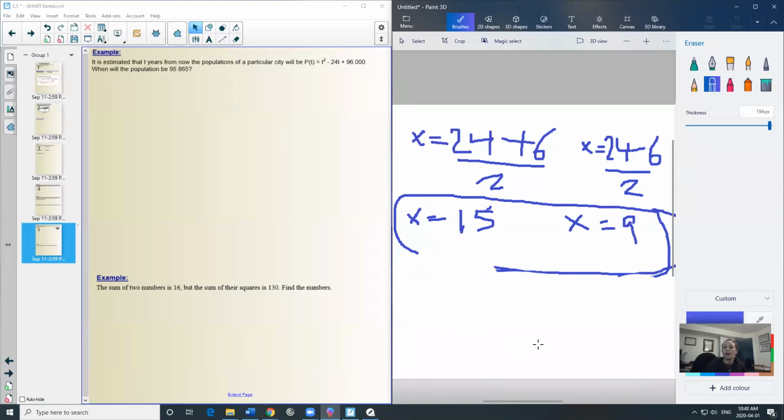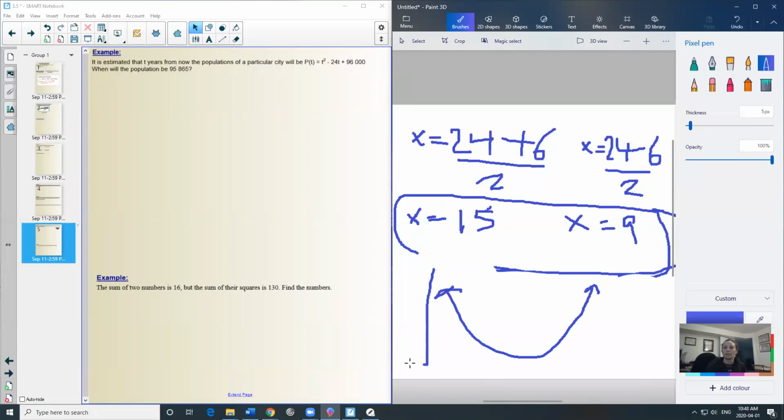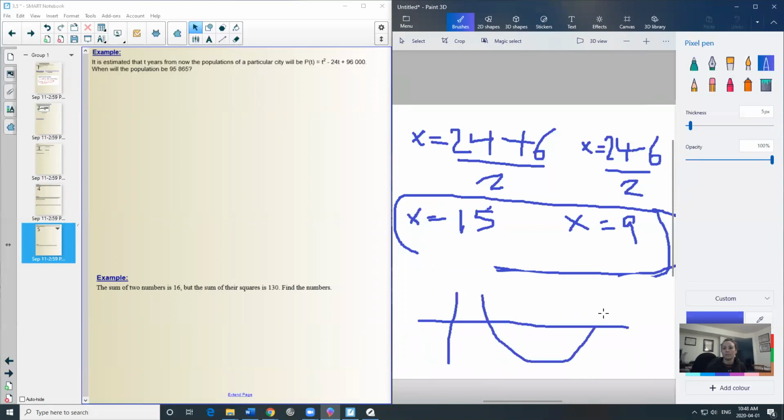So at 9 it would be that 95,865, and at 15 as well. These are your two x-intercepts.